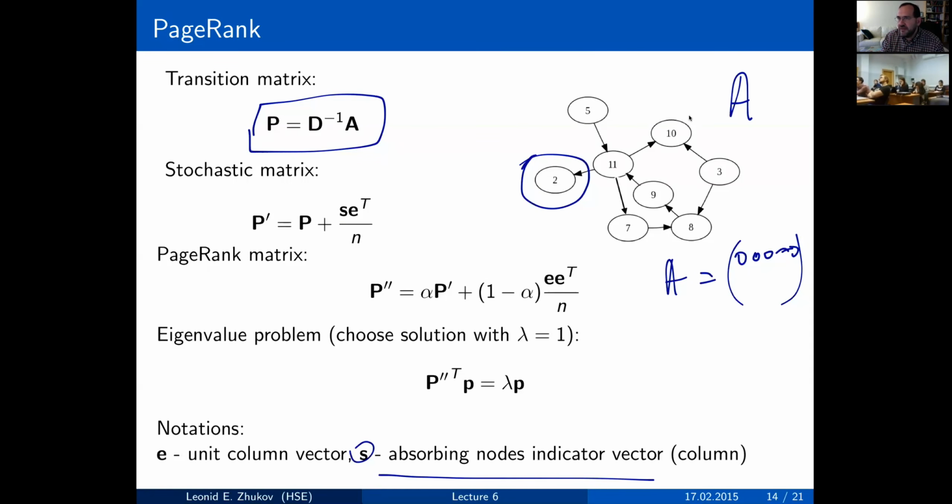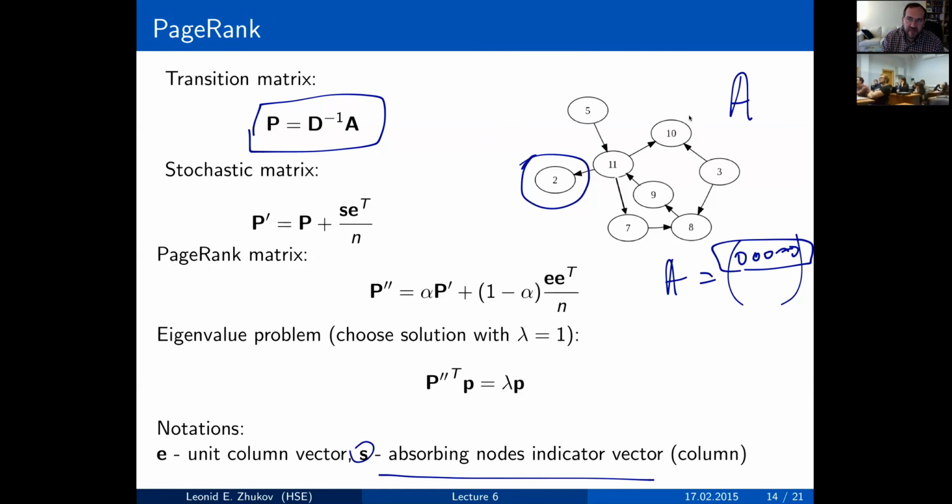But we cannot just leave it like that. Remember, what we need to do is create a strongly connected graph, and the first condition of the Perron-Frobenius theorem is that we have a stochastic matrix, and a stochastic matrix tells us that every row should sum to 1, and clearly this row does not sum to 1. So we need somehow to fix that.